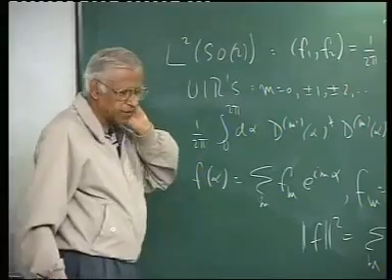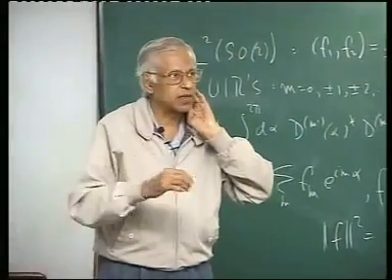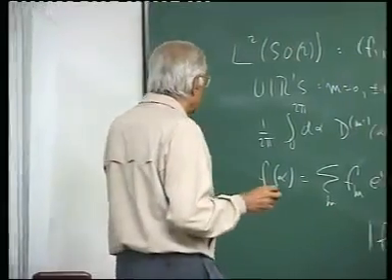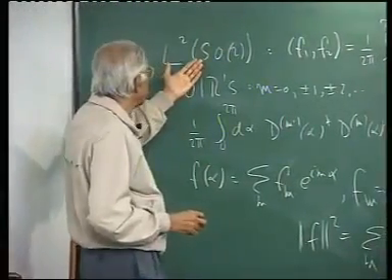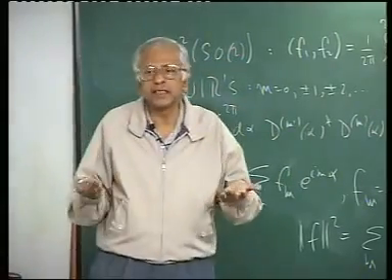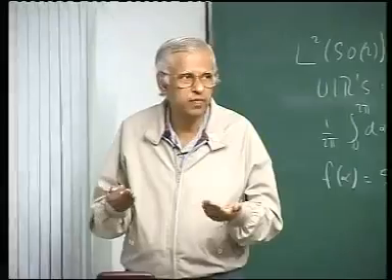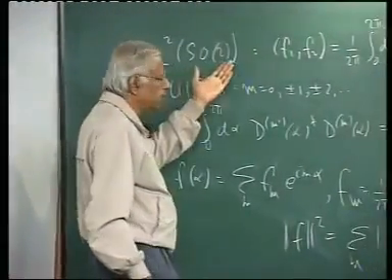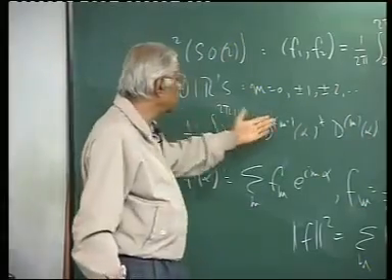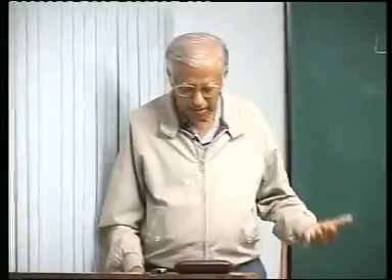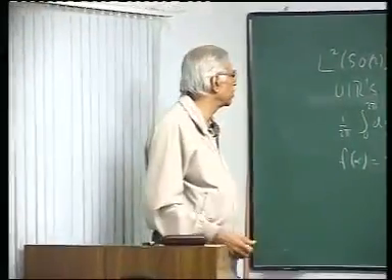You do not expect a one-to-one correspondence between irreducible representations and equivalence classes. The equivalence classes in the case of the group SO2, how many are there? As many as group elements. Every one is in a class by itself. So you have a continuous set of equivalence classes. The irreducible representations are a discrete infinity. Both are infinite, but one is a continuous and the other is a discrete infinity.